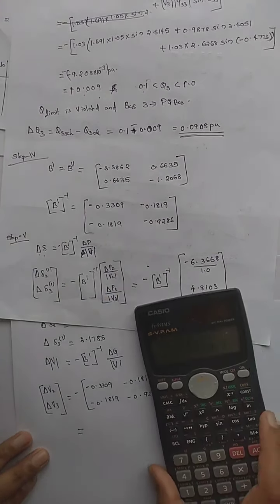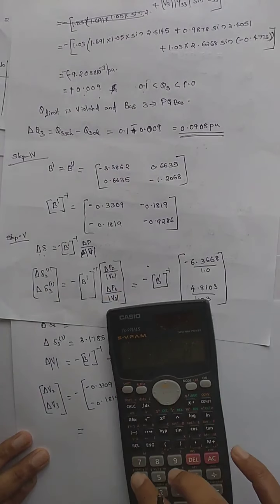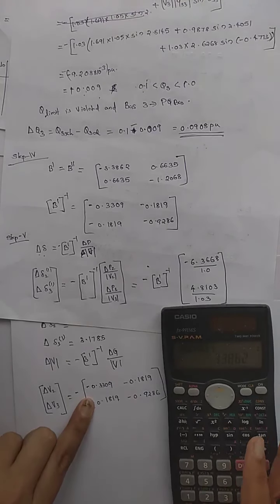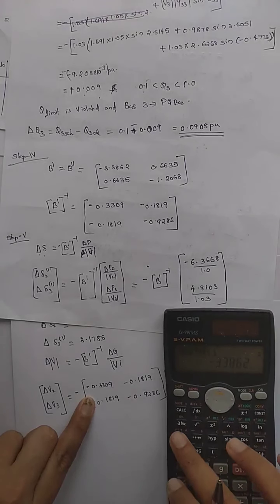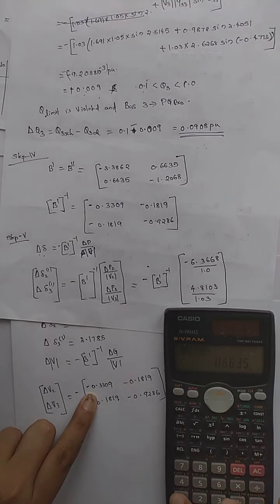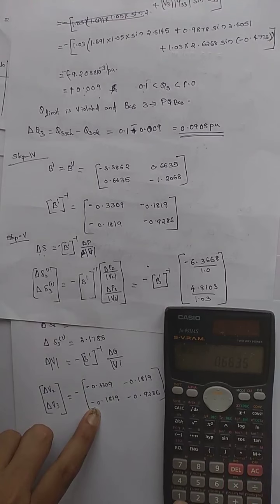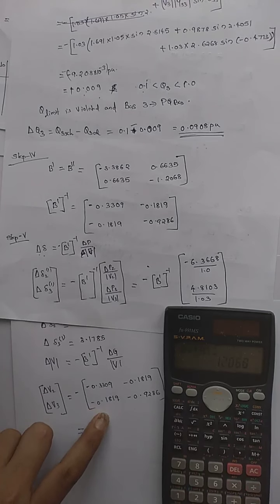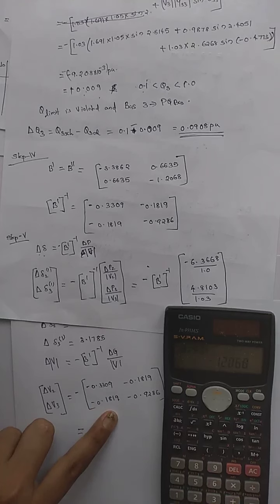So again, shift math 1, that is 2 by 2: minus, taking the minus outside, inside 0.3309, 0.1819, 0.1819, 0.9286.